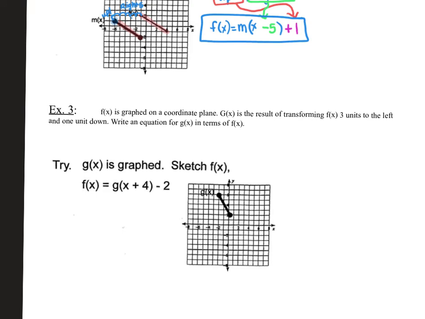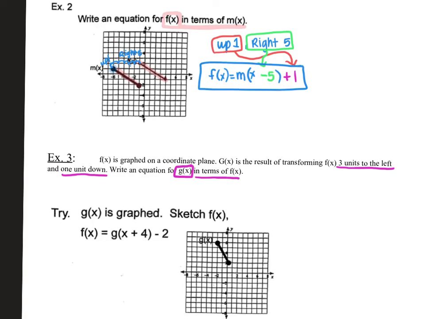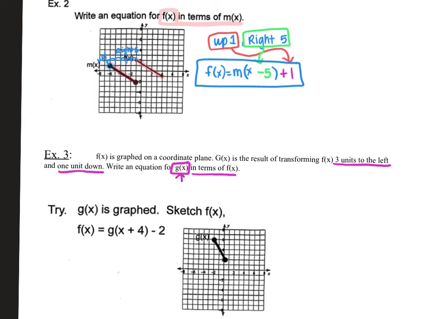Okay, let's look at example 3. So it says f of x is graphed on a coordinate plane. G of x is the result of transforming f of x 3 units to the left and 1 unit down. Write an equation for g of x in terms of f of x. Okay, so because it says write an equation for g of x, we are going to start with writing g of x equals.